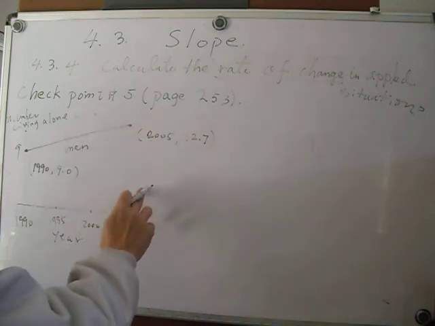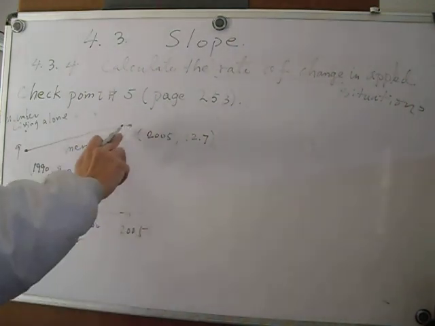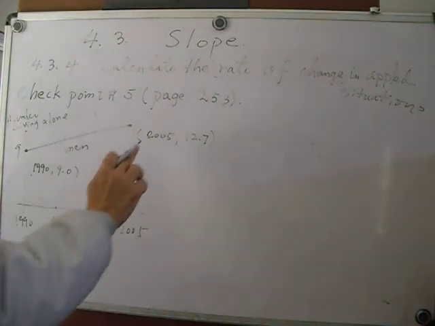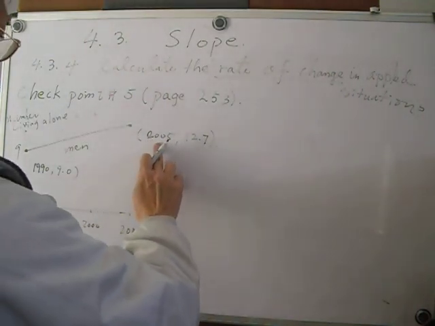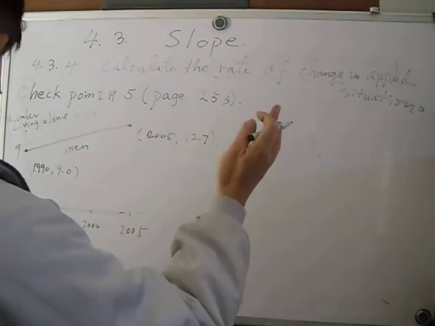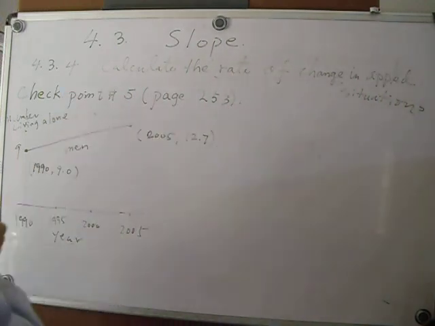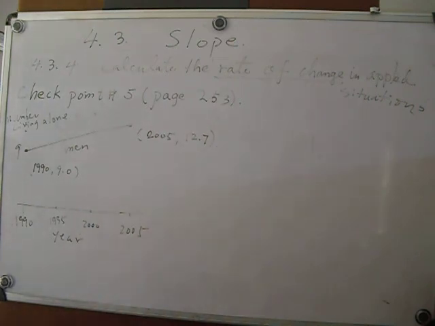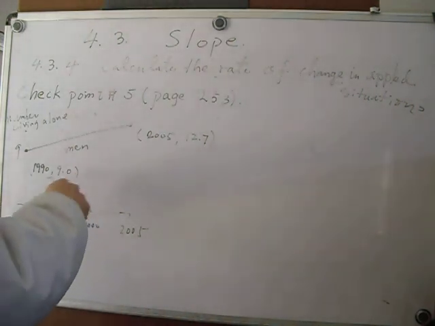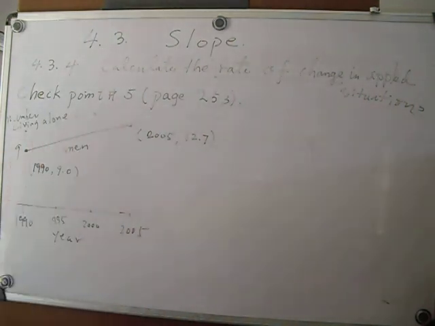In the year 2005, they have a point here, 2005, 12.7. You don't need to make any guess for that. They are asking what the rate of change is at these 2 points. I want you to describe it in meaningful English.